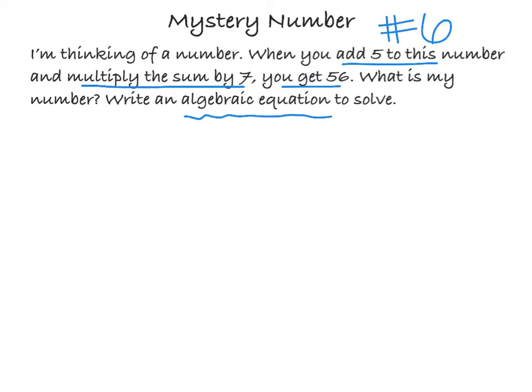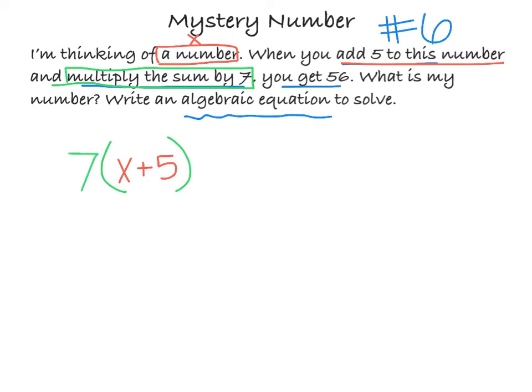All right, so let's go back and reread. And this time we're going to be kind of writing in what we know, we're identifying our variable and then writing our equation. So I'm thinking of a number, so we're going to use x for that number. Now it tells me I'm going to add 5 to that number. So I'm going to say, okay, that means x plus 5. And it also says then we're going to multiply the sum by 7. So we have to take the sum and multiply the whole thing by 7.